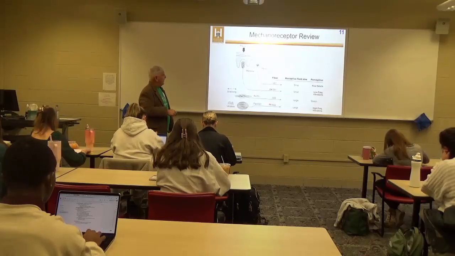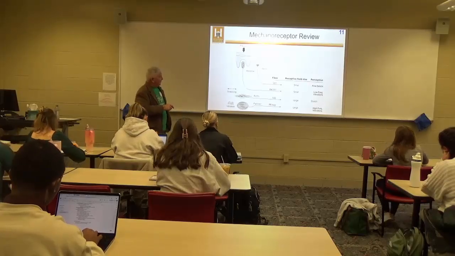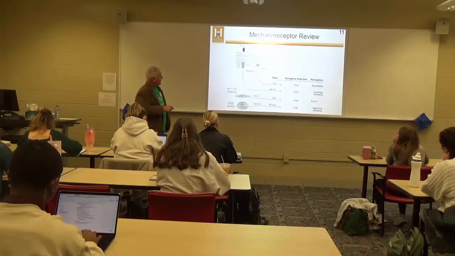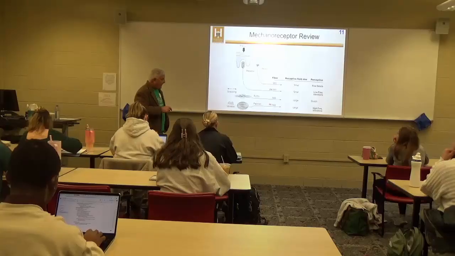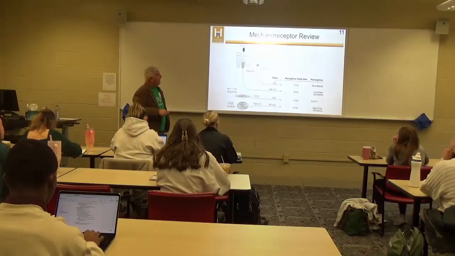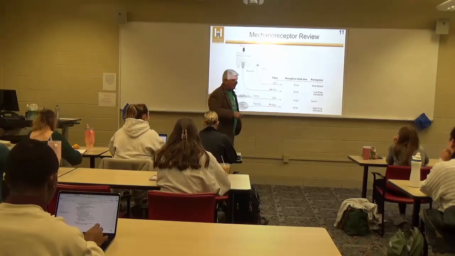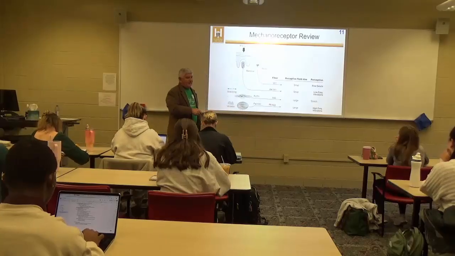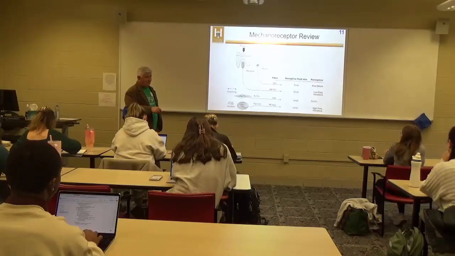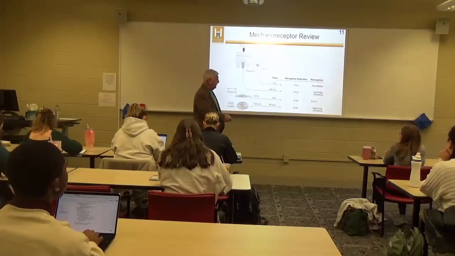All right. So it's this combination of receptor structure, providing either slow adapting or rapid adapting, and its location, which is either small or large receptive field. And this combination of slow adapting or rapid adapting and receptive field provides unique perceptions. So fine details are detected through the slow adapting and small receptive fields.